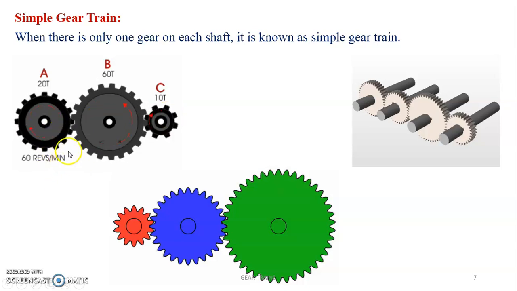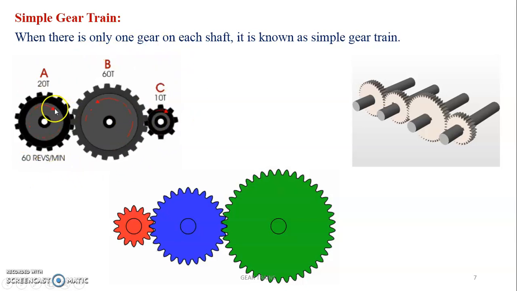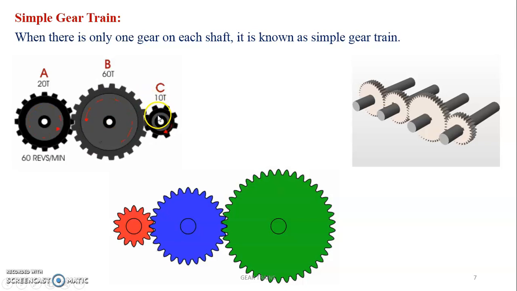Also, in this example, gears A, B, and C, A is the driver and C is the driven. Then B is known as an idle gear.